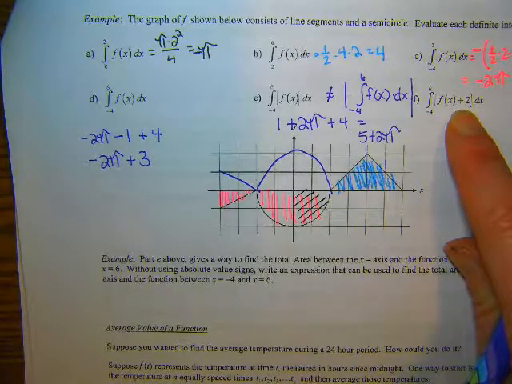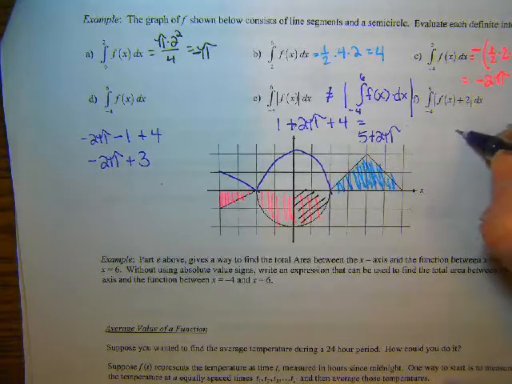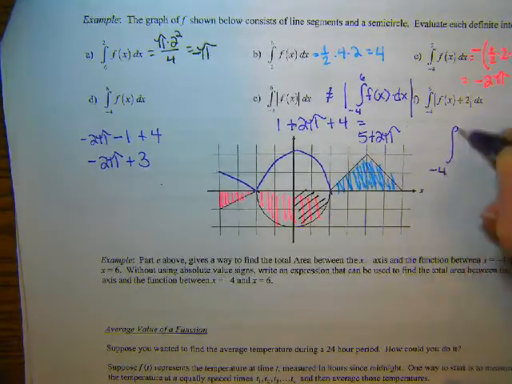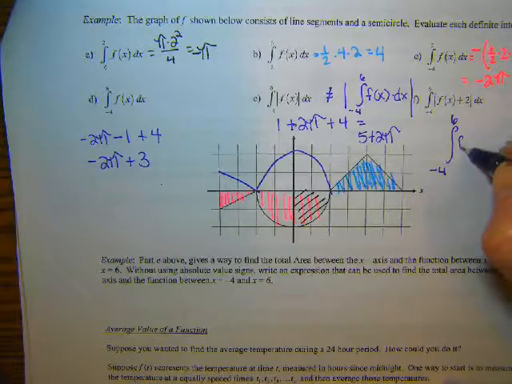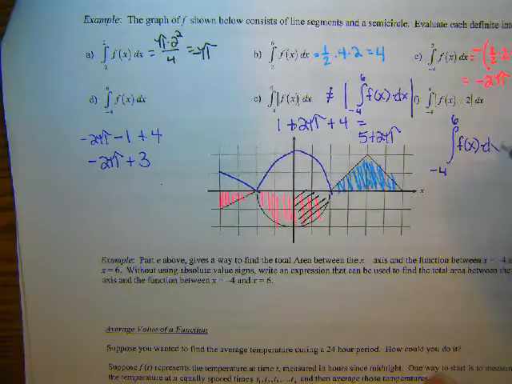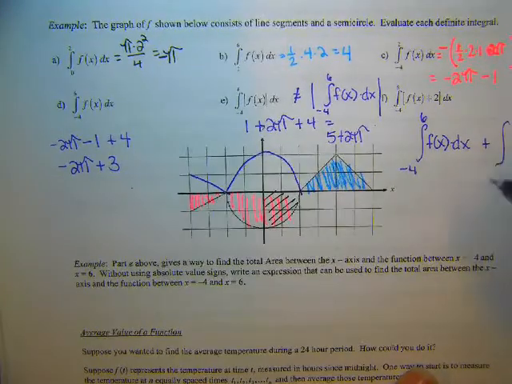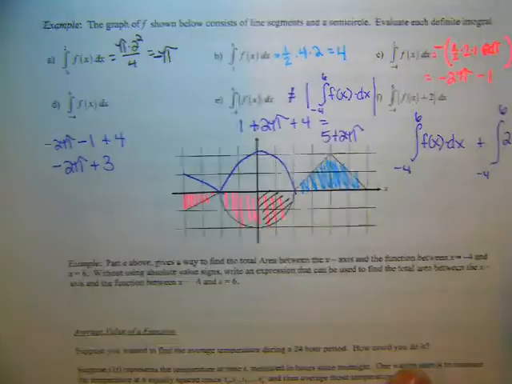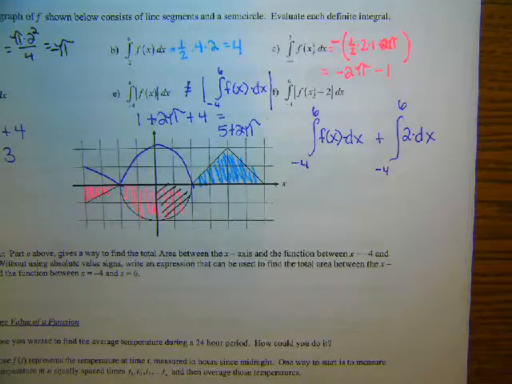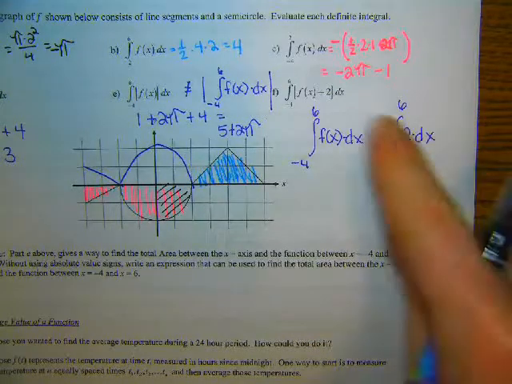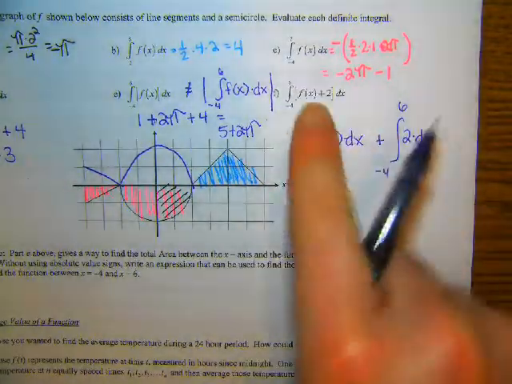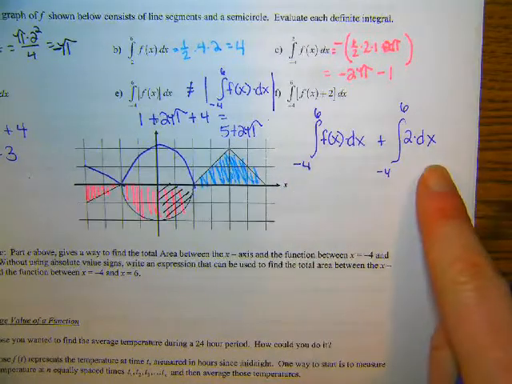Okay, I'm going to break it up. This is the same as this plus this. Do you agree with that? According to my rules, isn't this integral the same as that plus that?